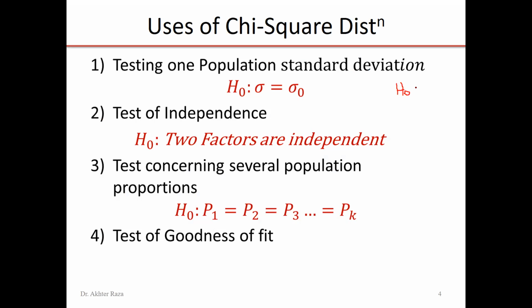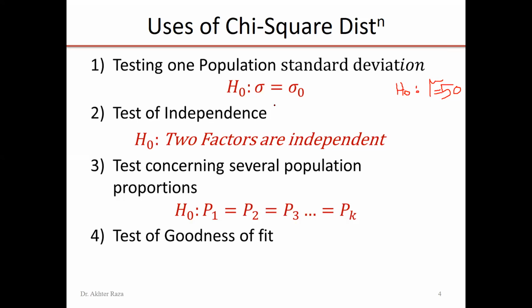The first hypothesis where we started the testing of hypothesis procedure, the mean is 50,000. Suppose the average salary in my population is 50K. That is the null hypothesis, and here we test the hypothesis regarding one standard deviation.